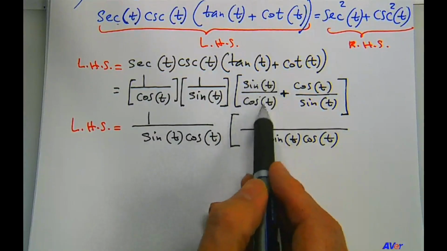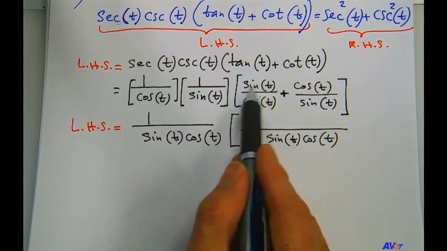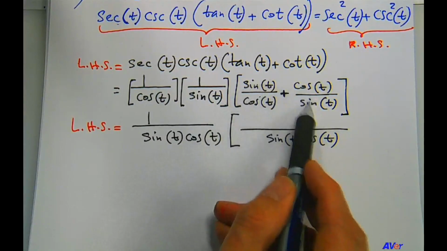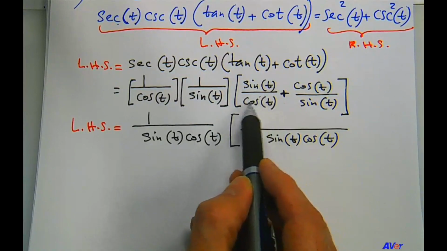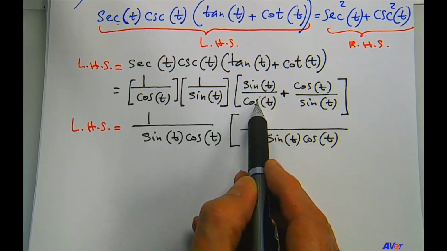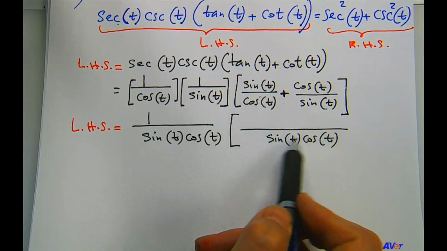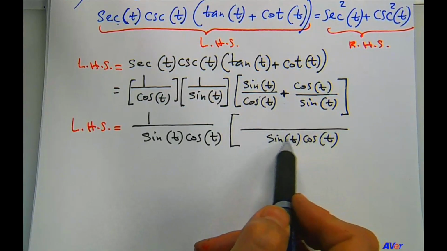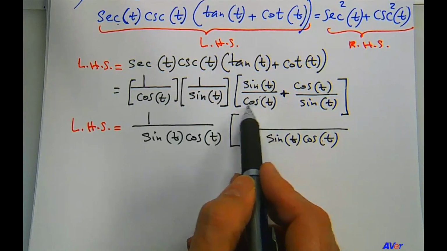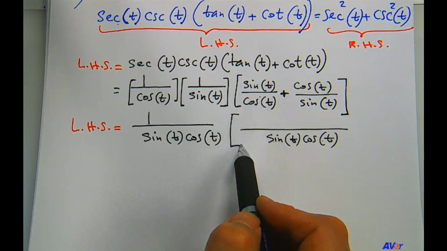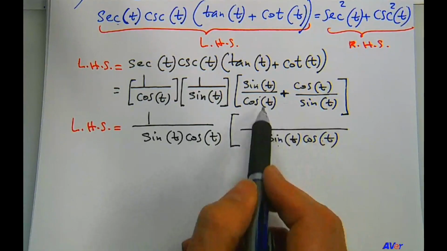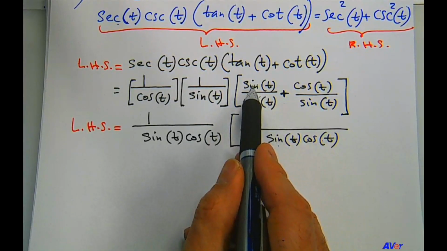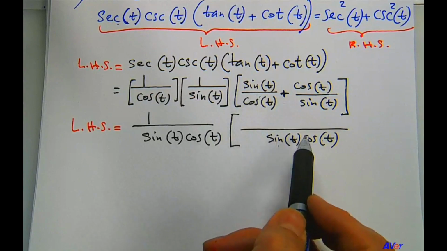So multiply the numerator of each of these fractions by what's missing from their denominator when you compare it to the common denominator. What's missing from here? It's sine of t, right? Sine of t is missing, so multiply the numerator by the term that is missing.